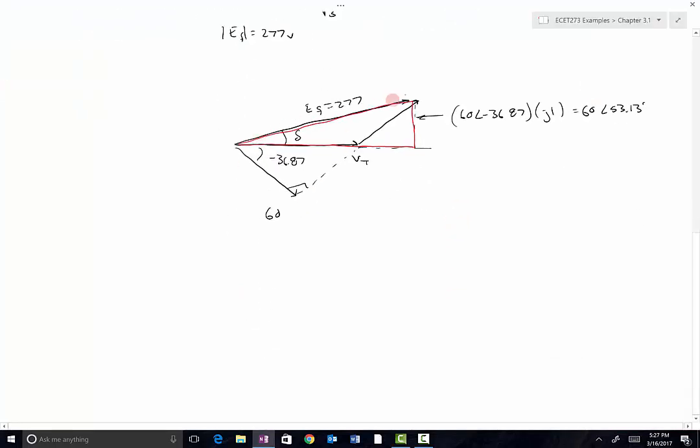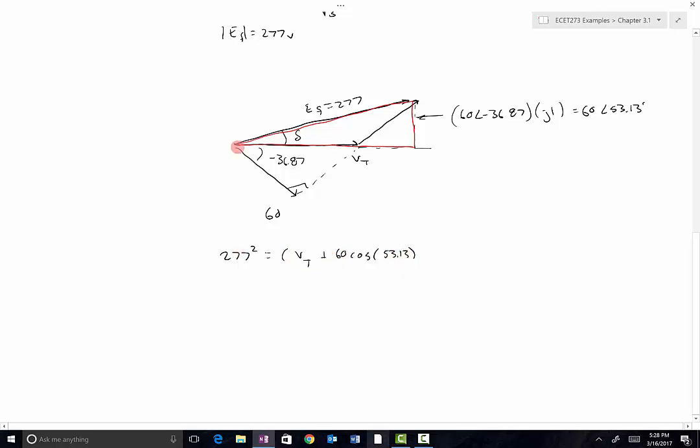That would be using Pythagorean's theorem. The hypotenuse, 277 squared, is going to be equal to the base squared. The base is VT plus the projection of this vector onto the x-axis, so plus 60 cosine of 53.13.